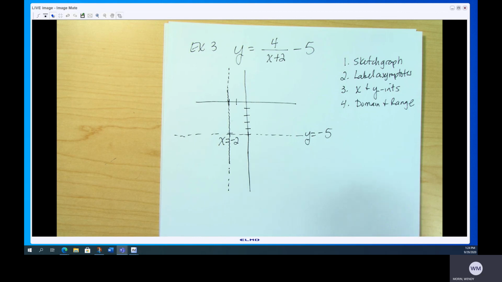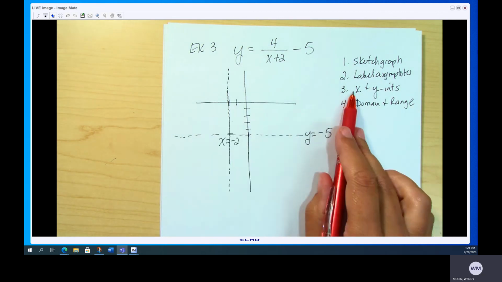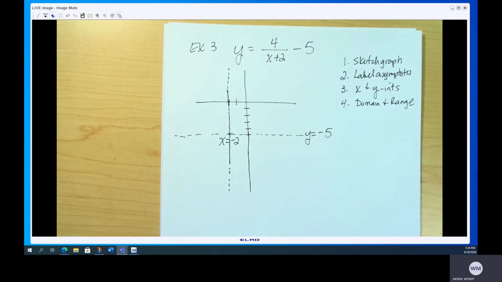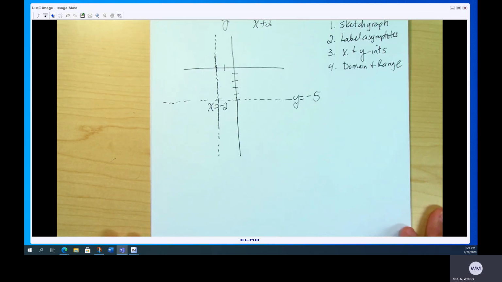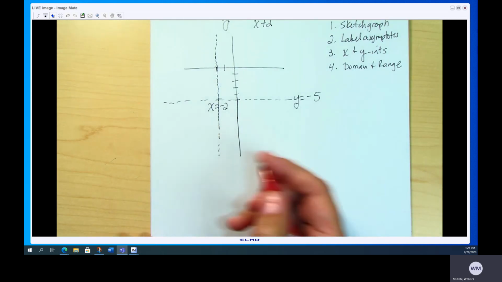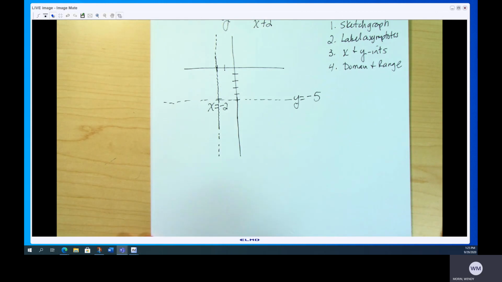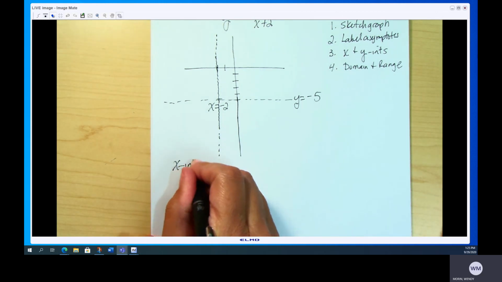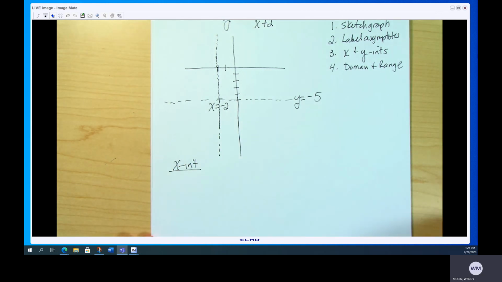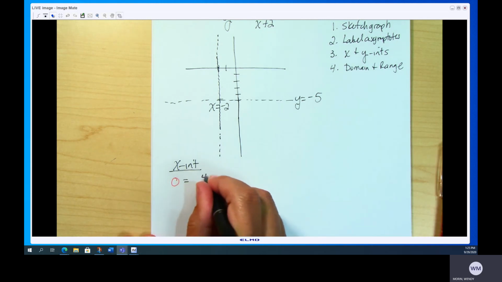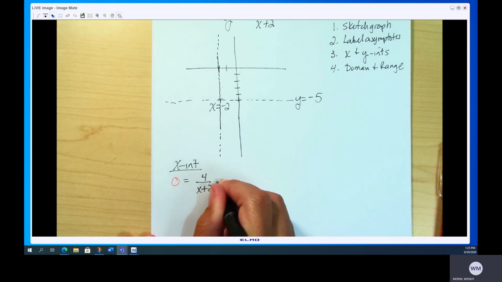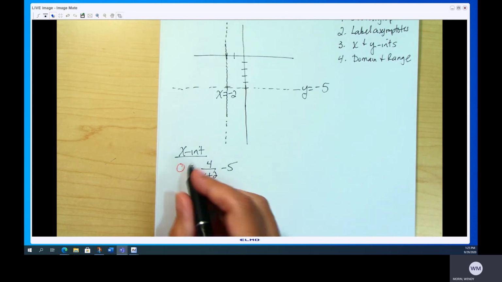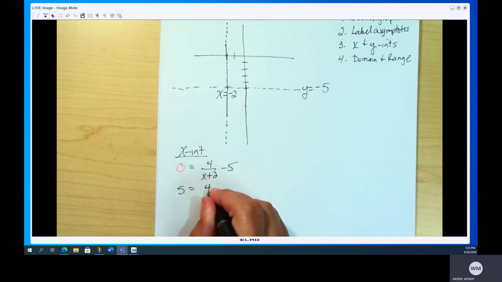Okay, let's check your answer. I'm going to find my x and y intercepts before I sketch. I'm going to do that first. Plug 0 in for y. So to solve that, I'm going to add 5 to both sides.